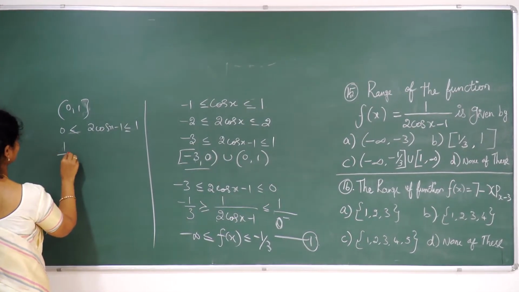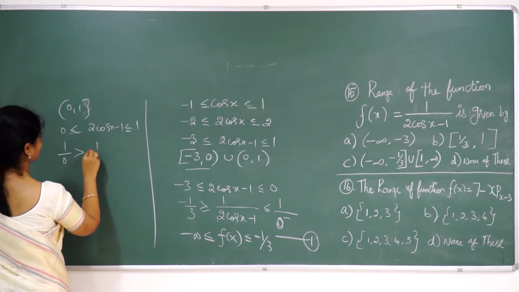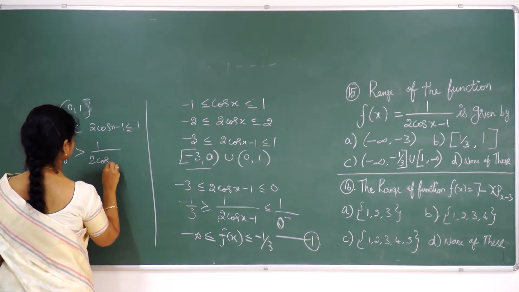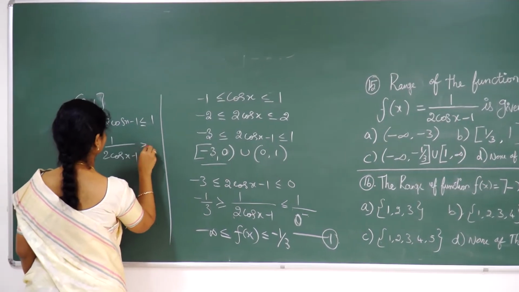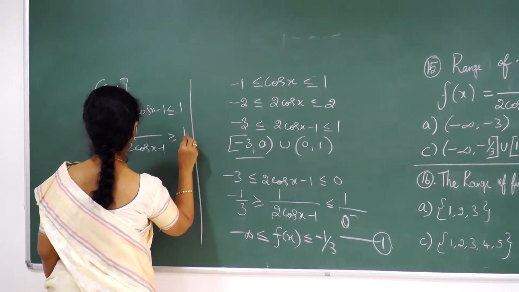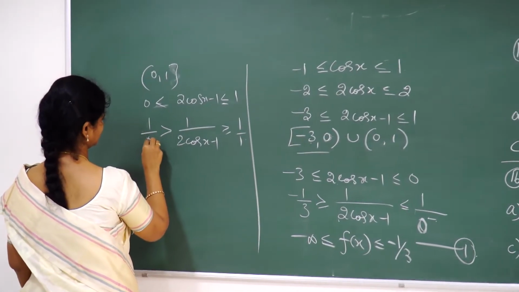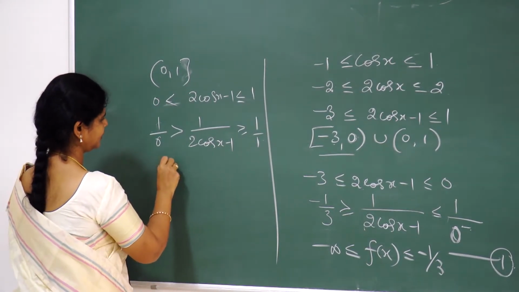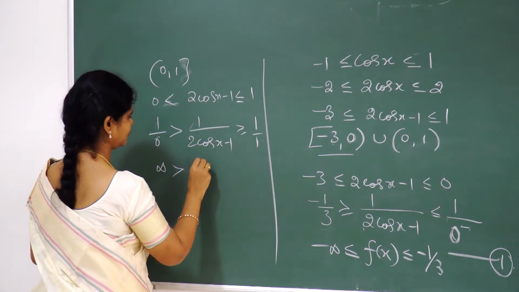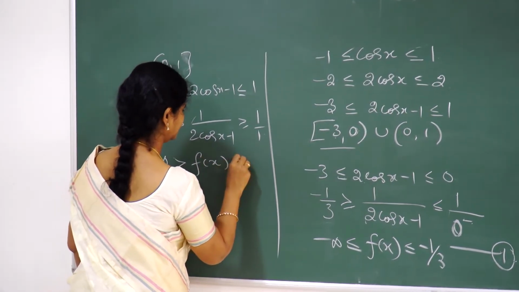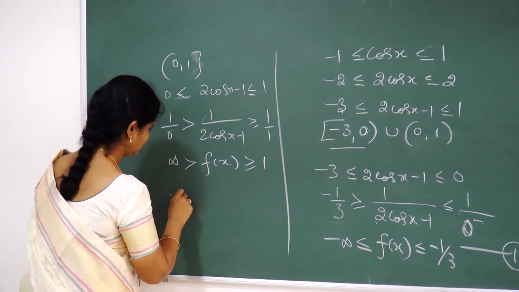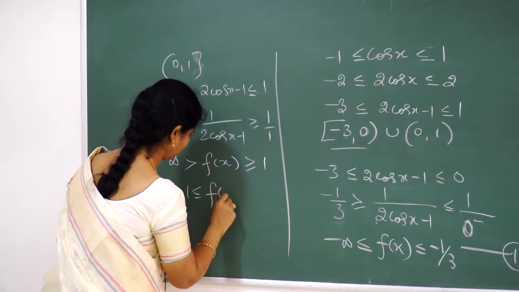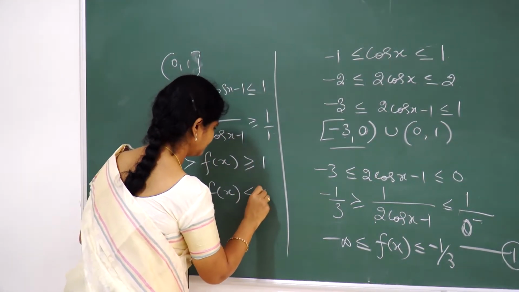So 1 by 0 greater than 1 by 2 cos x minus 1 greater than or equal to 1 by 1. This is on the positive side, 1 by 0 is on the positive side. So infinity greater than the function f of x greater than or equal to 1. Therefore 1 less than or equal to f of x less than infinity.